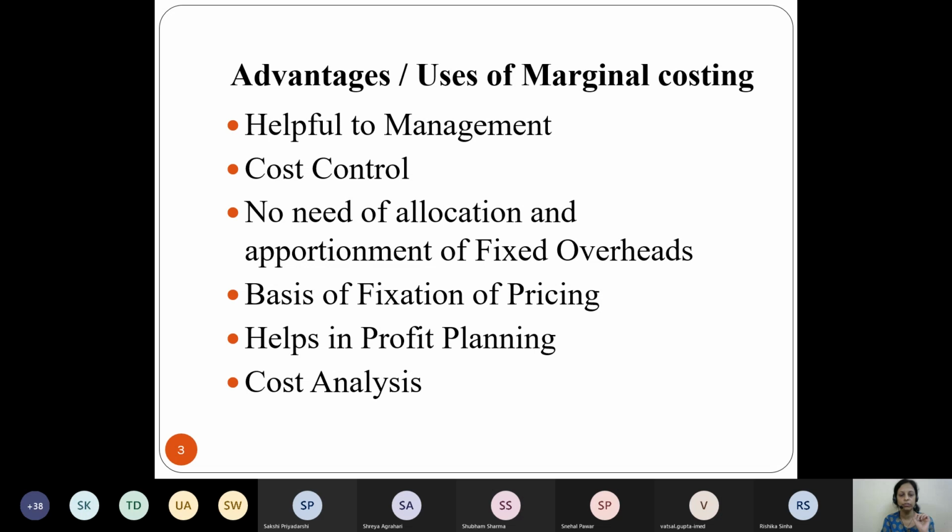Now the next important feature of marginal costing is that fixed cost is kept aside. It is not absorbed into the cost of the product. For example, there is a company called A Limited which manufactures three products, P, Q and R. In the regular costing system, we have already prepared a cost sheet.